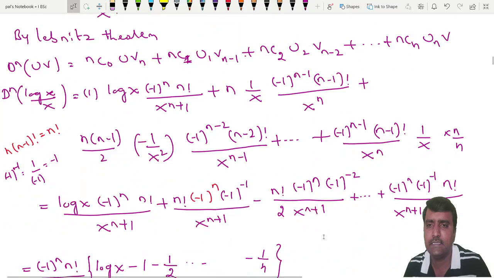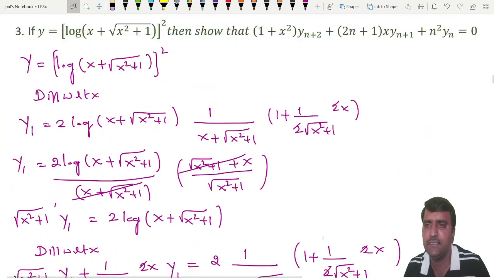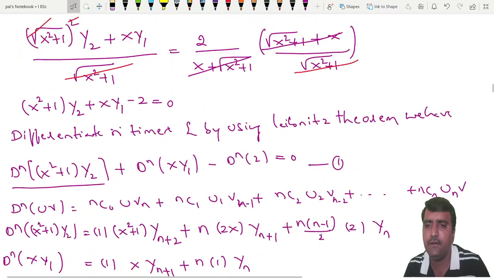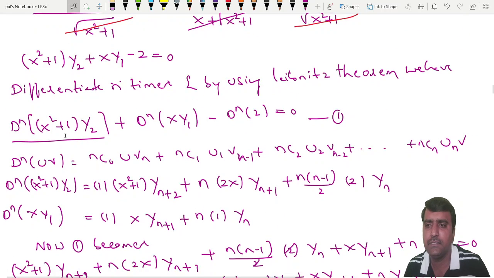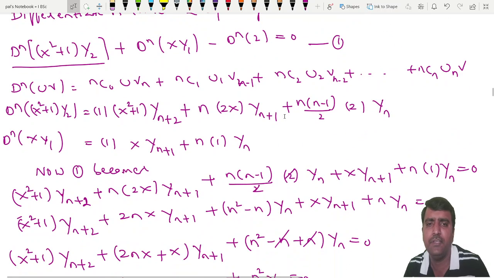Yes, next one more problem on nth differentiation, I include one more time. So when you are finding its nth differentiation, it is very easy, you take x square plus 1 as it is. Very simple method: if you want to find its nth differentiation, you write x square plus 1 first, and for this y2 you make it yn plus 2.